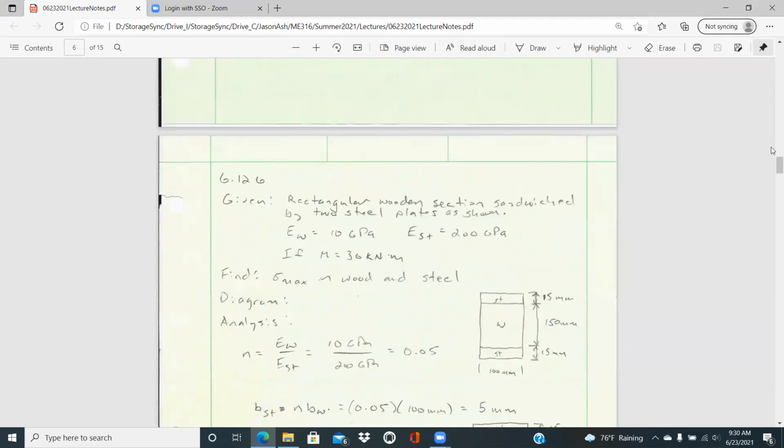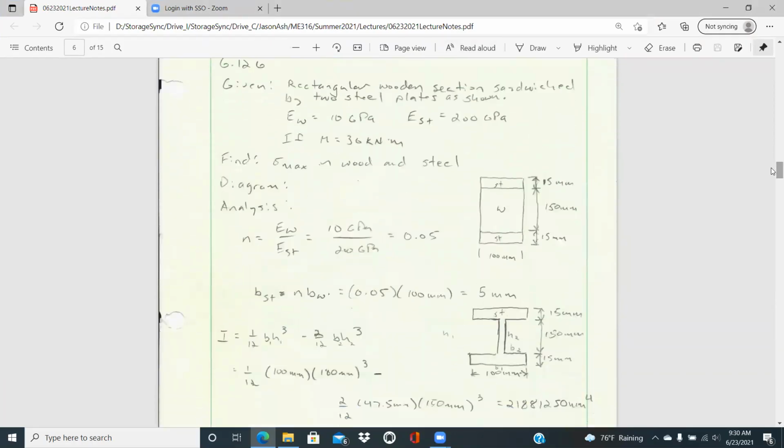And so here's just a quick example. This is a problem in the book at one time, but we have a rectangular wooden section that is sandwiched by two steel plates as shown. The total height of the wood is 150 millimeters and each of the steel sections is 15 to make it a total of 180 millimeters in height.